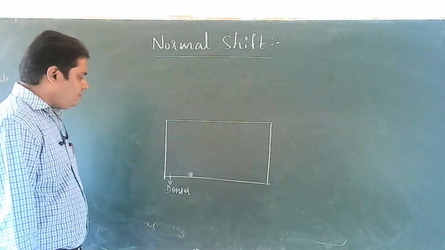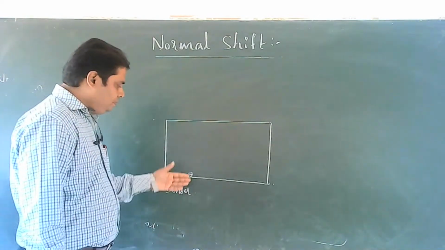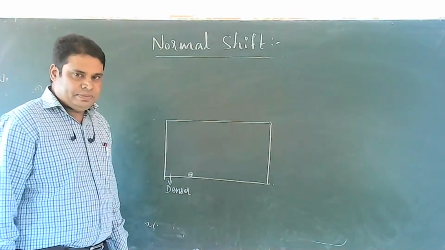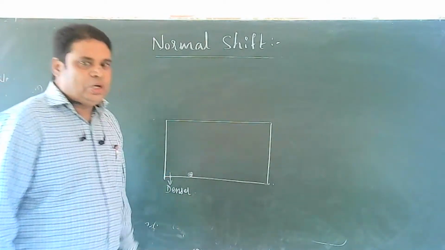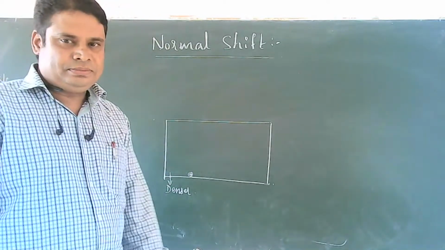A ray of light is allowed to fall on the surface of this rectangular slab. Let this be a luminous object. What is a luminous object? Producing light.